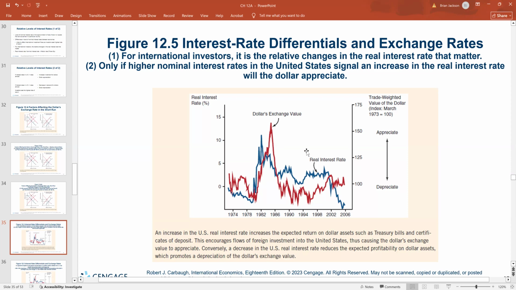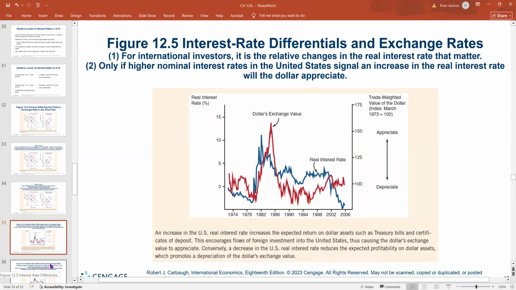And so we see that when the real interest rate goes up, the dollar appreciates. See this arrow here on the right, which is the trade weighted value of the dollar. The value of the dollar goes up when the real interest rate in the United States goes up, and the dollar's exchange value goes down when the real interest rate in the United States goes down.